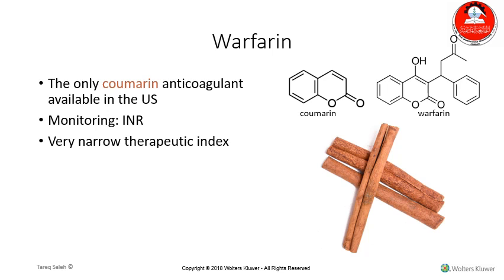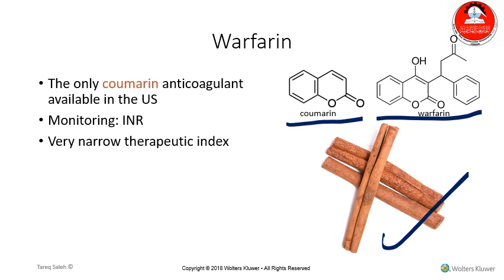Warfarin is a coumarin analog. It has a chemical structure that's very similar to coumarin. Coumarin is a naturally occurring substance that is present in many plant sources, such as spices, for example, like cinnamon. Warfarin is the only coumarin-derived anticoagulant that is available for use in the United States and in Jordan.